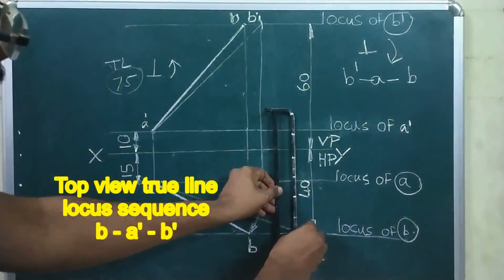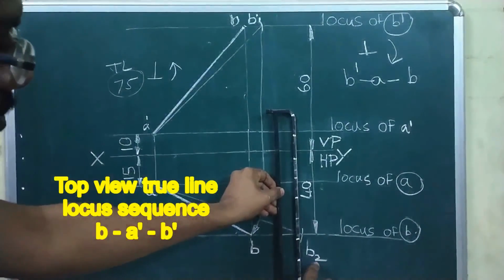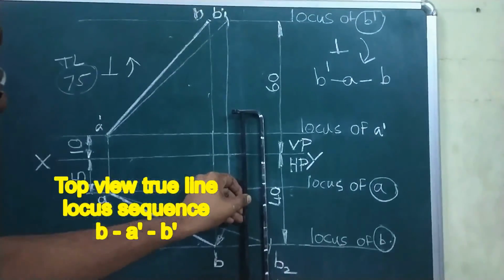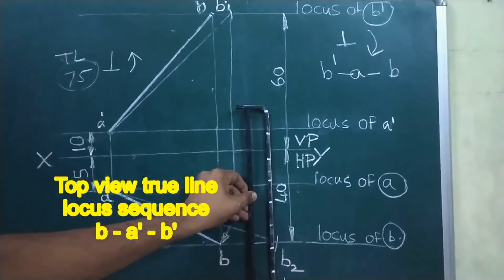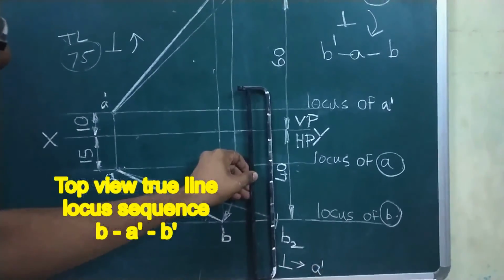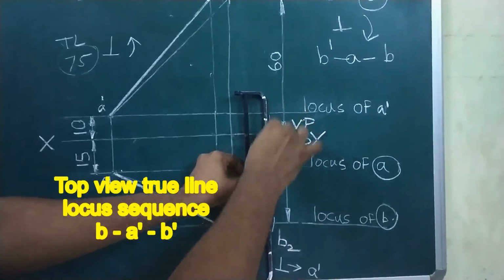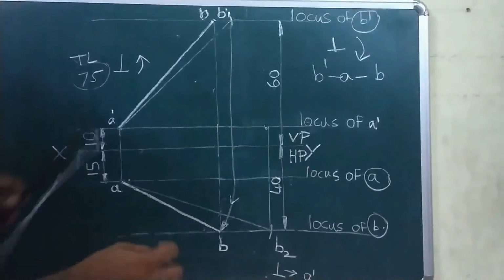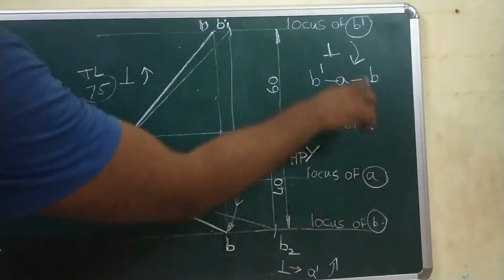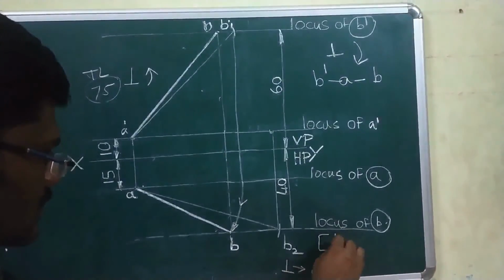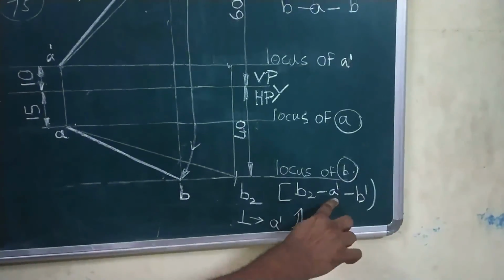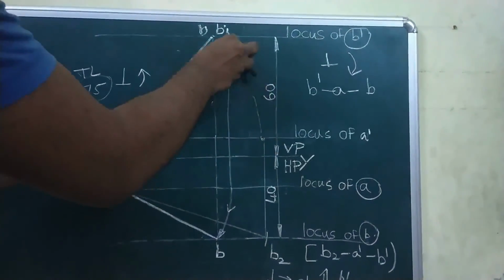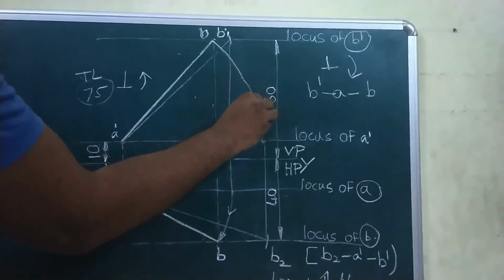With A dash as your center and A dash to that intersection distance as your radius, make an arc. Definitely the arc will intersect at our point B dash. B dash is nothing but the other end of the line. That's all.